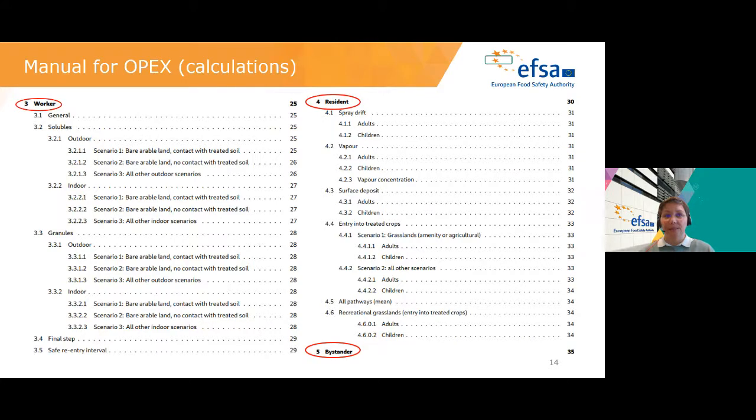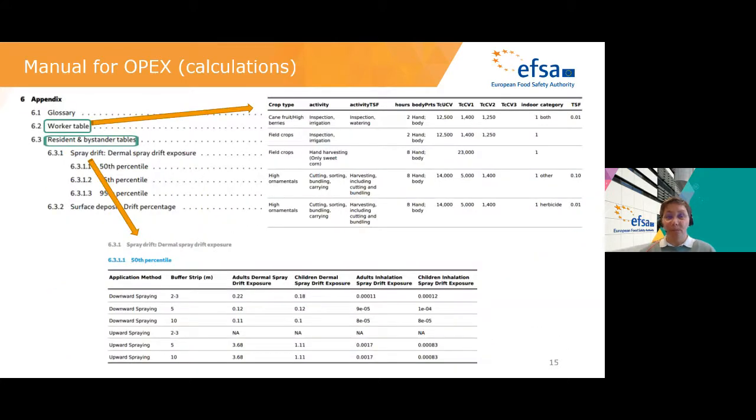Also important, in this manual you can find an appendix. In this appendix, you have different tables showing all combinations and default values that are used in the calculations. You have here an example of a table for worker.